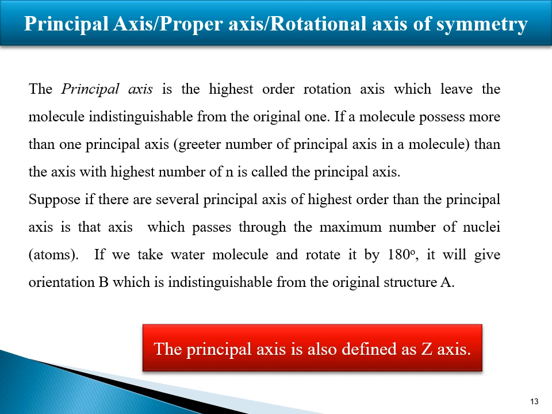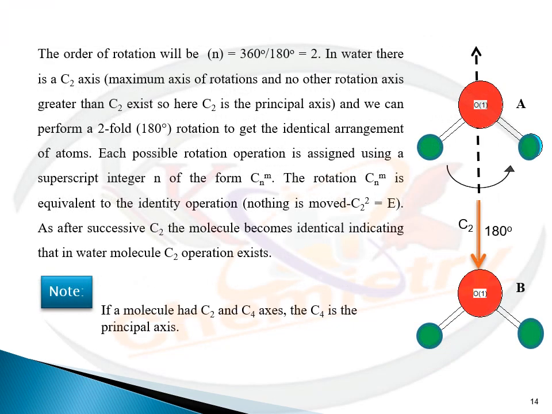If we apply a C2 operation, it gives orientation B, which is not distinct from the original structure. Again, the water molecule. Don't feel bored. We are using the water molecule because it is the simplest one.